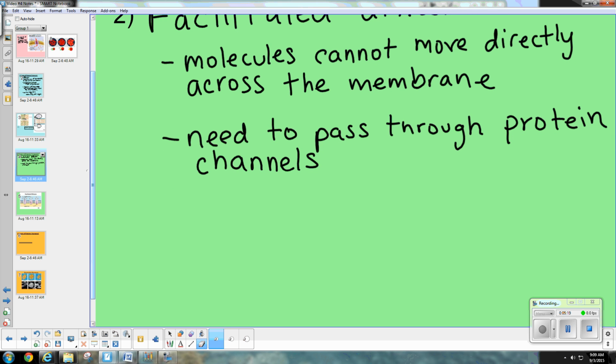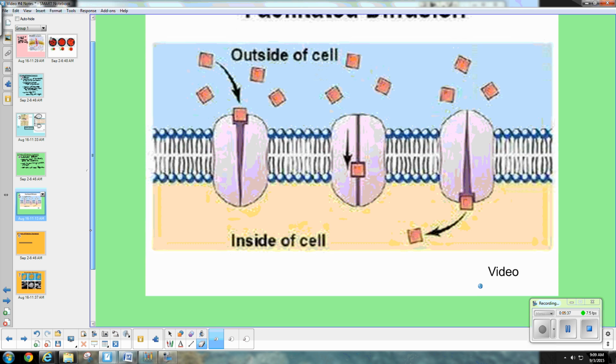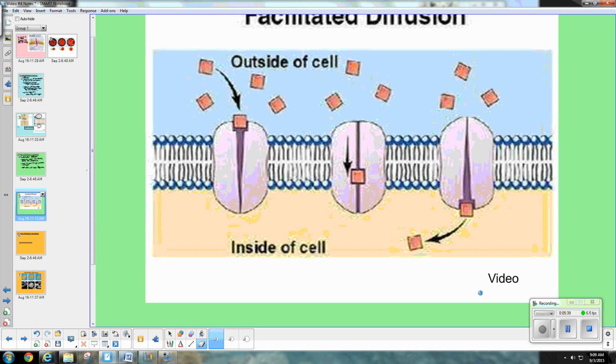But just like diffusion, these molecules will move from areas of high concentration to low concentration, or low amounts. And then they're also trying to reach that equilibrium. So let me show you the facilitated. It's like a door and a key.